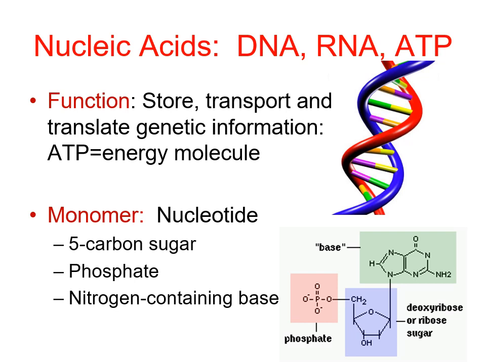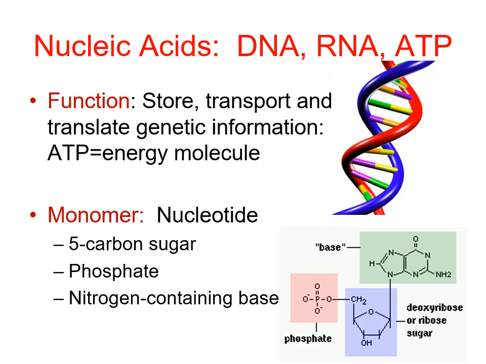So the monomer of DNA is known as a nucleotide. So nucleotides are basically biomolecules that form nucleic acids. And a nucleic acid is a chain of repeating monomers. And each monomer consists of a 5-carbon sugar, and it contains a phosphate group, which is an inorganic molecule.